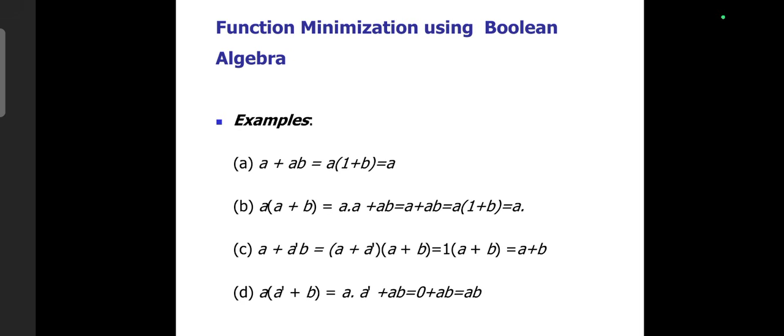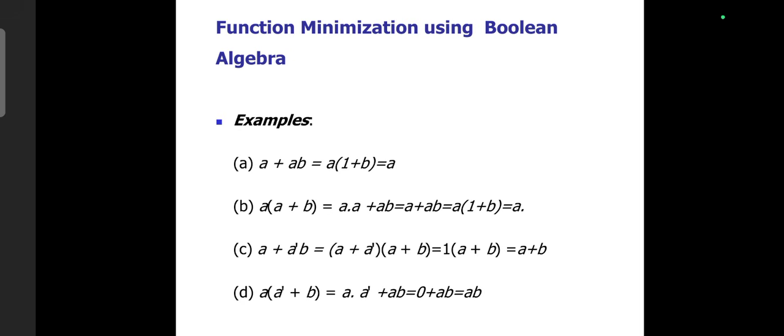Using the complement law, a plus a bar equals 1, therefore 1 into a plus b, which simplifies to a plus b. This result is very important because it shows how a seemingly complicated expression can be reduced significantly. In digital circuit design, this means fewer logic gates are required. Instead of implementing multiple logic gates for the original expression, we can directly implement an OR gate between a and b. As designers, our objective is always to reduce hardware complexity while preserving the original behavior of the circuit.